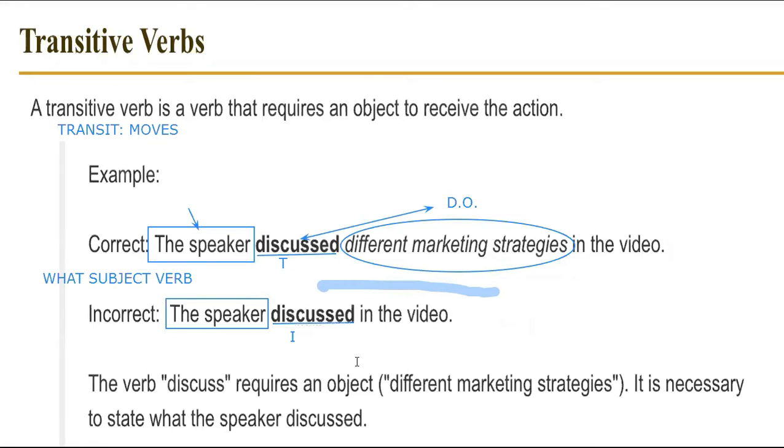Intransitive, exactly. Why? Because we don't have a direct object. So in this way, if we don't have a direct object, we don't have a transitive verb. Do you understand these two things? Yes, right?